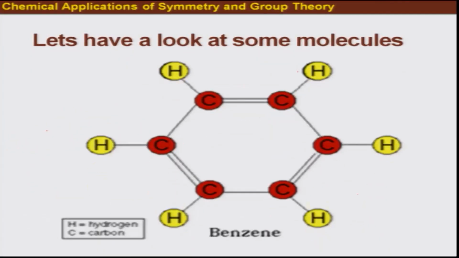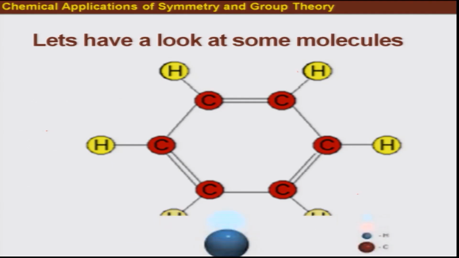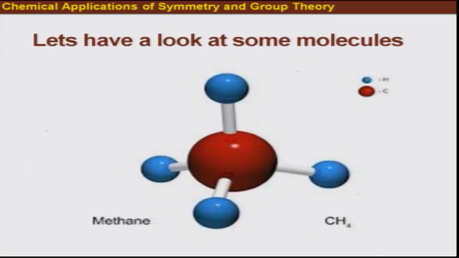So now we have benzene in our picture. Undoubtedly anyone will say this is highly symmetric. That's exactly when one will use the term highly symmetric, and this is way more symmetric than ammonia and obviously than water. Another molecule, methane, is also very symmetric.